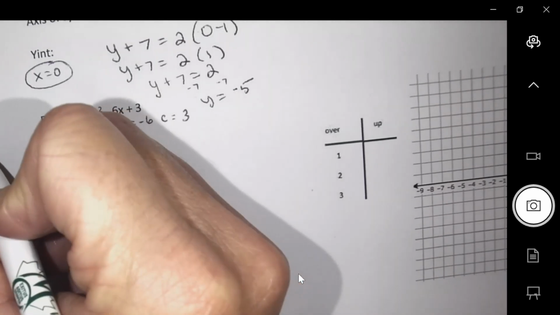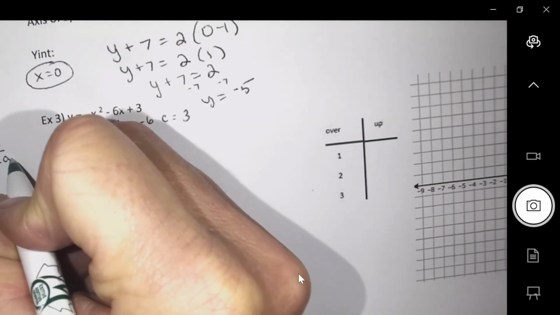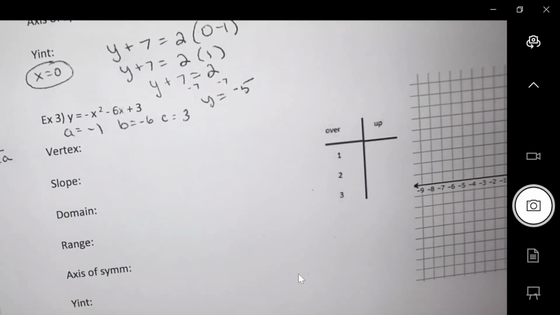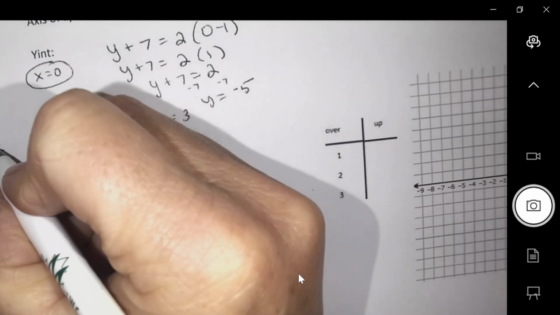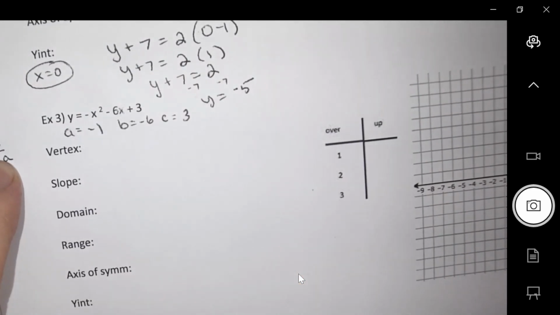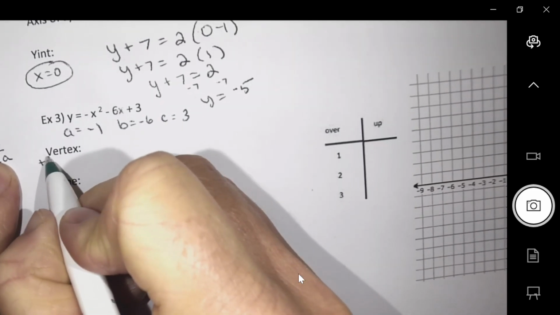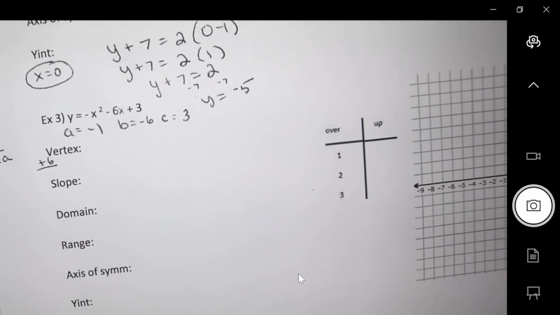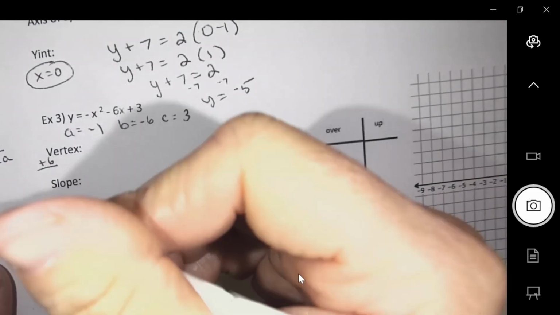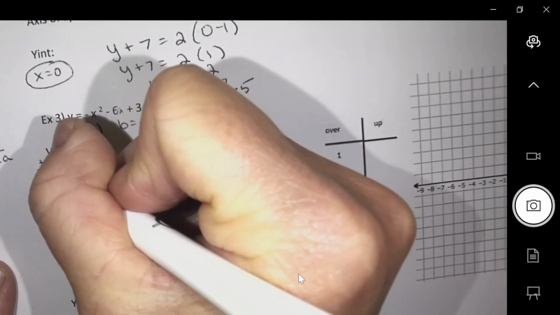Okay, so I'm just going to write this down so that we can see it. You have your formula sheet. Negative b over 2a. So negative b means do the opposite of our b. So if we had -6, we're now going to write +6 over 2 times -1.